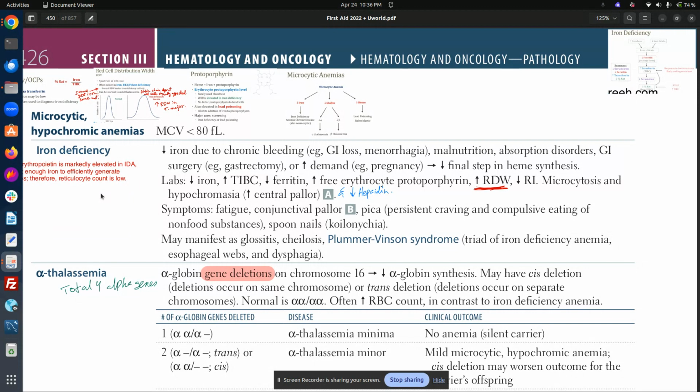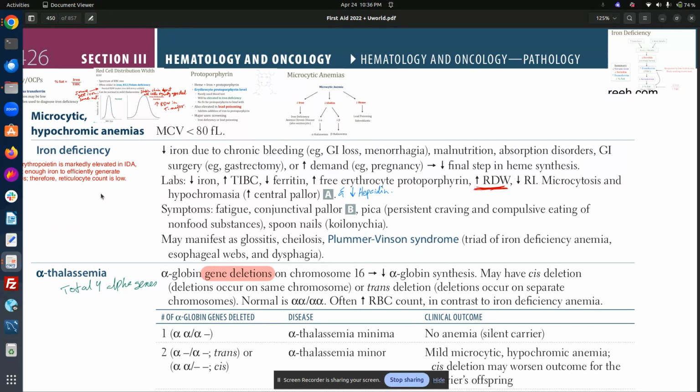Okay, and we'll see when iron is low, the stores of iron, which are stored in the body in the form of ferritin, would also be low.